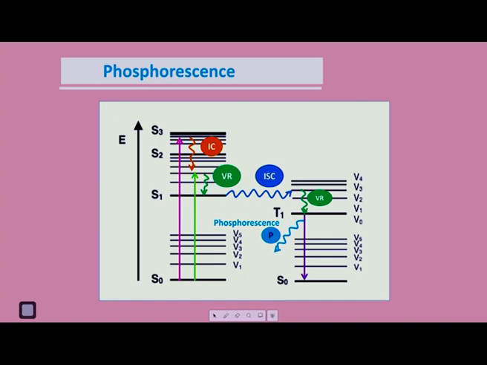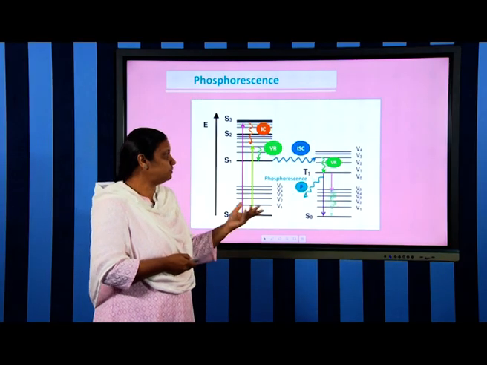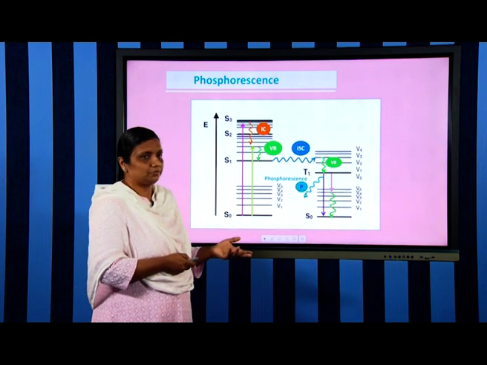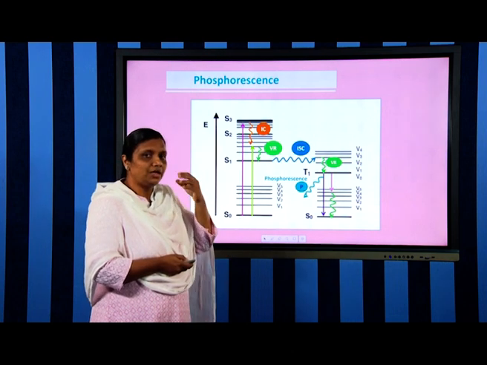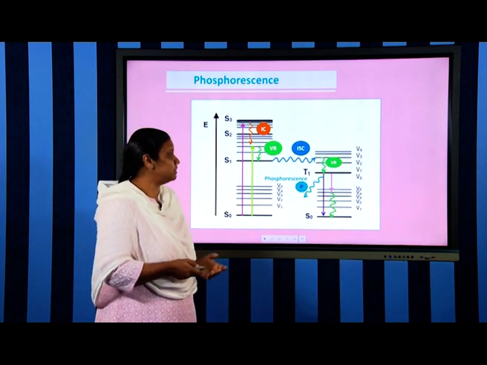One spin flipping happens when the intersystem crossing occurs, and the other one happens when phosphorescence happens, that is when the electron moves from the lowest vibrational level of triplet state to the lowest vibrational level of singlet state. It can also happen when the electron moves from the lowest vibrational level of triplet state to other vibrational levels of singlet state. The only thing is there must be emission of electromagnetic radiation which falls within the UV visible region.